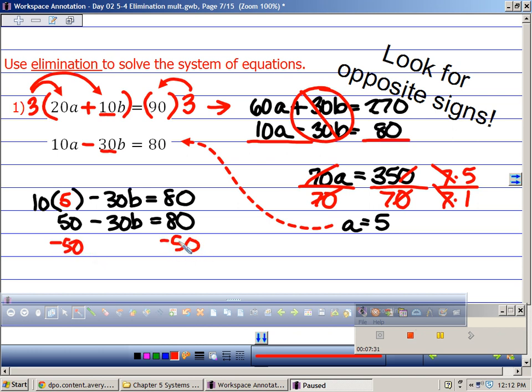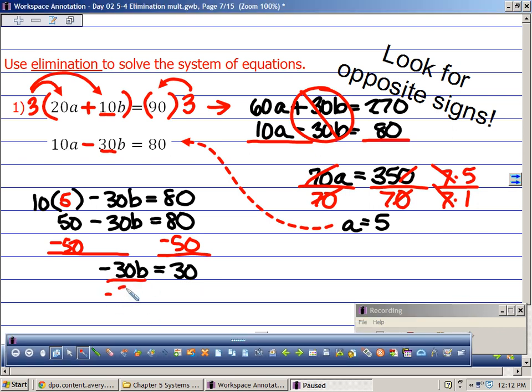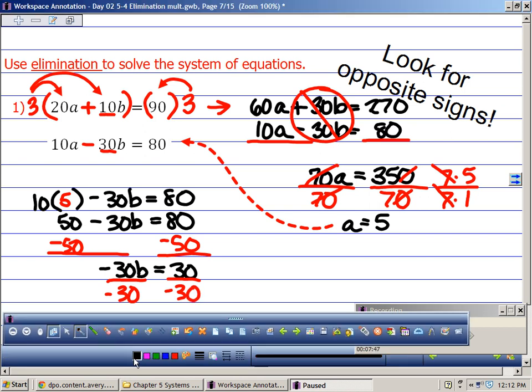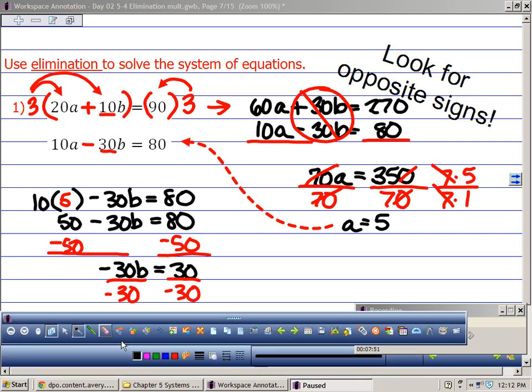If I remove 50 from both sides, then I get negative 30B equals 30. Divide both sides by negative 30. Don't forget that negative sign, a common error. Cancel. What am I left with?